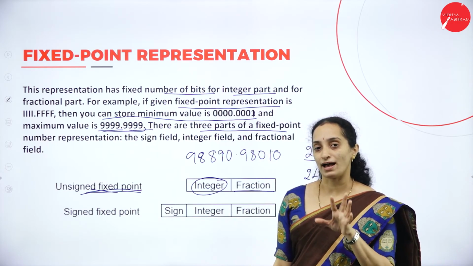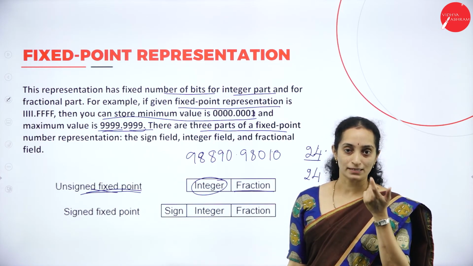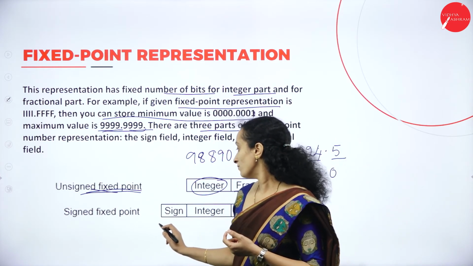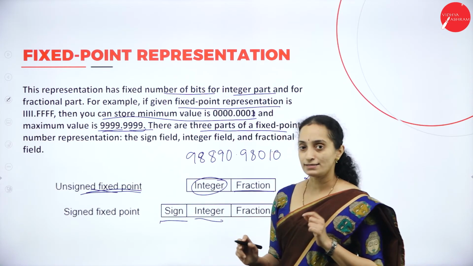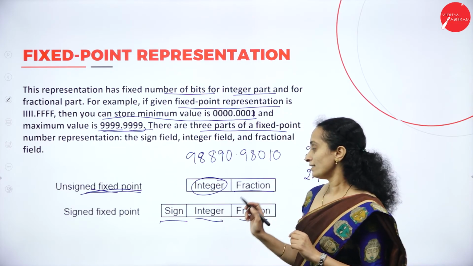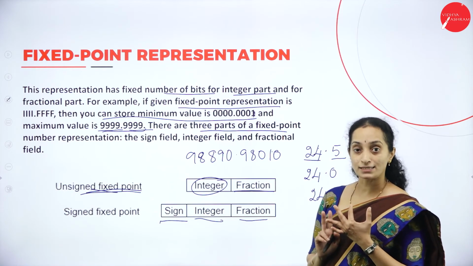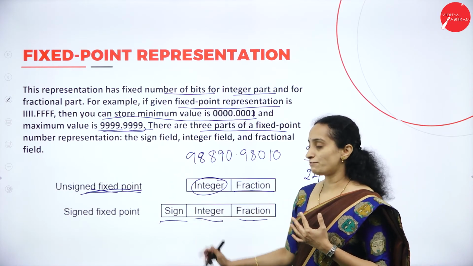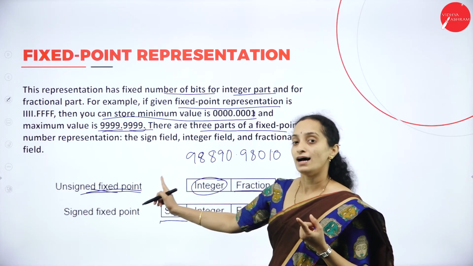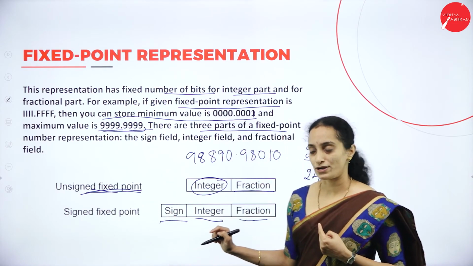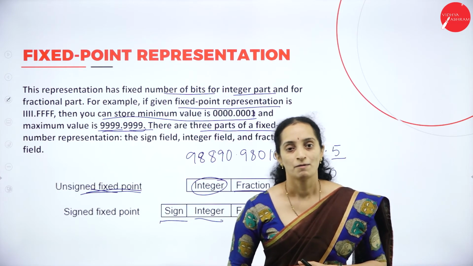What happens if you have a signed fixed point? That means representing a sign bit, plus or minus. In this, one bit is reserved for sign, another part for integer, and the third one is the fractional part. Okay. So we have 3 parts in signed fixed point: sign, integer and fraction, whereas an unsigned fixed point number will have only the integer as well as the fractional part.